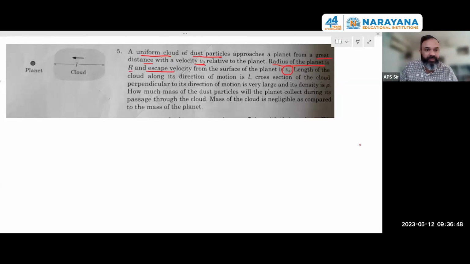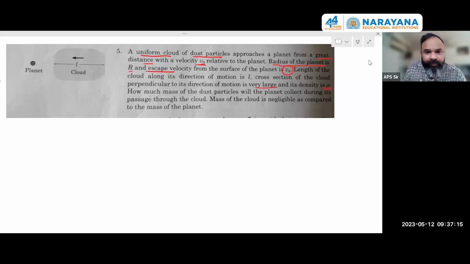The question is, now the cloud is like an infinite planar wavefront. It's like a plane wavefront, infinite in size in the YZ direction. Along the x, it has got a length of L, and it is quite distant. So even the nearest wavefront is at infinite distance, kind of. Length is L, cross-section of the cloud perpendicular is very large.